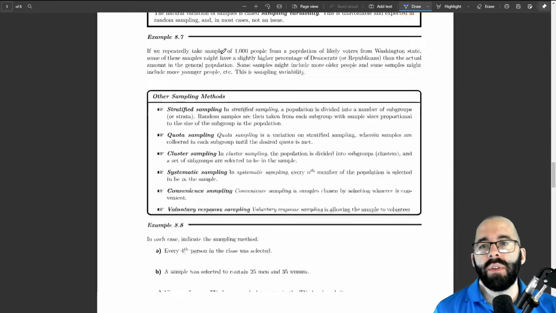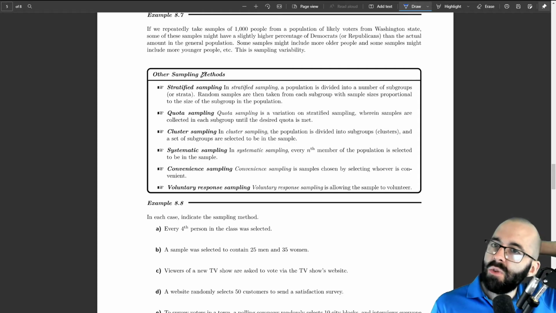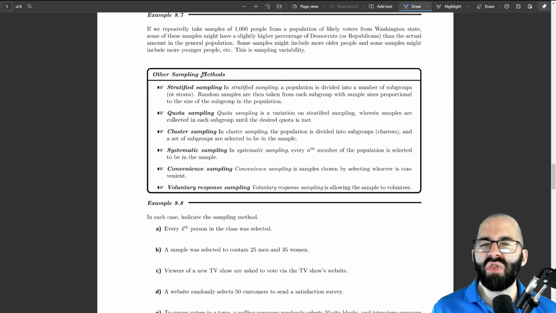So there's a lot of different ways of doing sampling, and we're going to do one more example, and then we'll talk about these other methods. So if we repeatedly take samples of 1,000 people from a population of likely voters from Washington state, some of these samples might have a higher percentage of Democrats or Republicans than the actual amount in the general population.